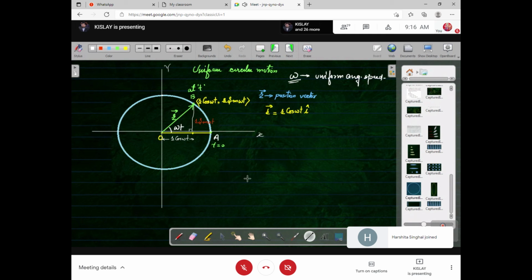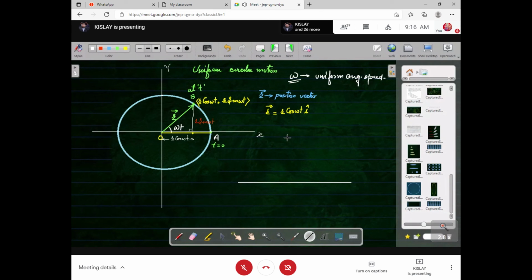Let's take a small example and understand this again. Just take an example here. Let's say the coordinate of this point, I'm just taking a point here, is 3 and 4. Is it okay? Yes, sir.